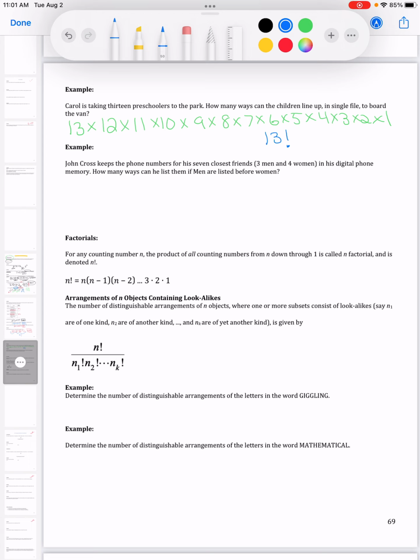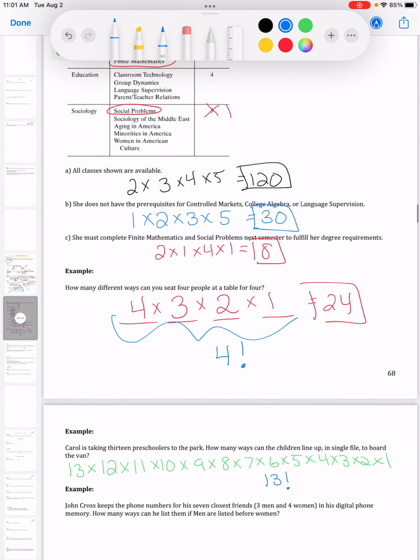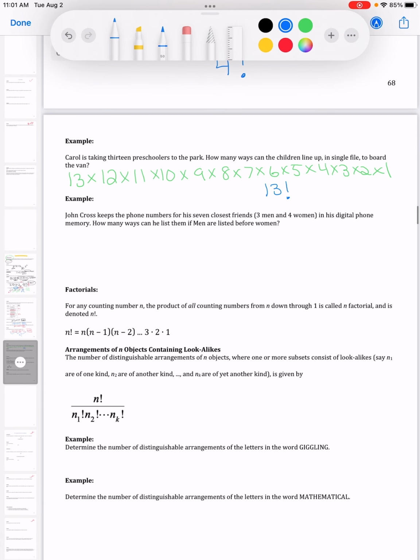We can type that in, and this is going to probably give us something huge here. Let me get back to where I was at. Typing that in my calculator, that's going to give me that huge number, 6,227,227,020,800.